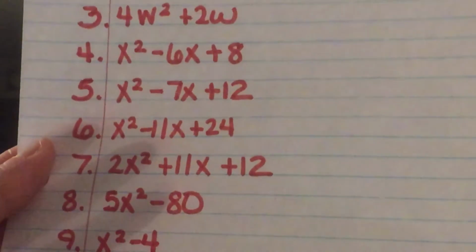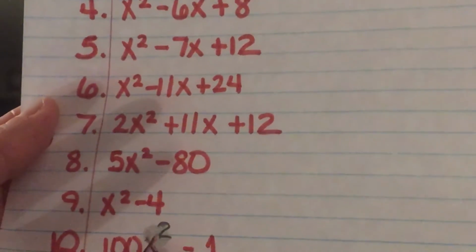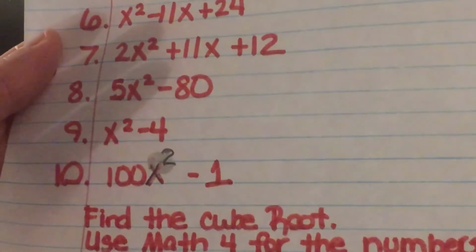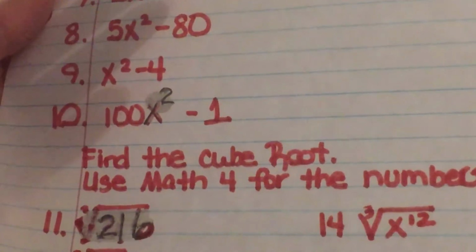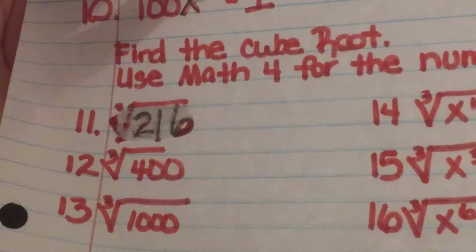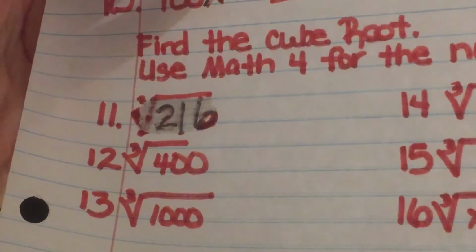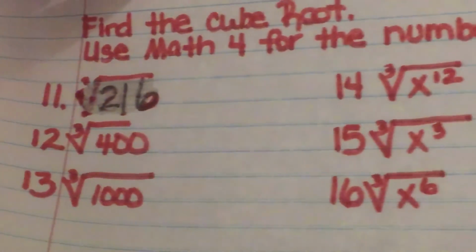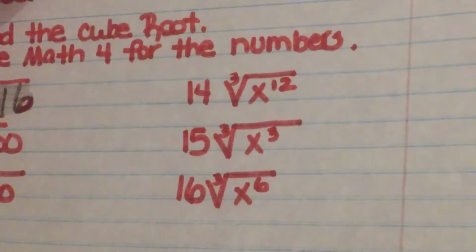And there's some trinomials. But at the end, it's going to say find the cube root. That number 11 is supposed to be 216. It kind of malfunctioned. And you just use Math 4 on your calculator to find a cube root of that.